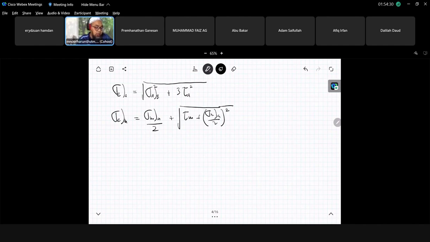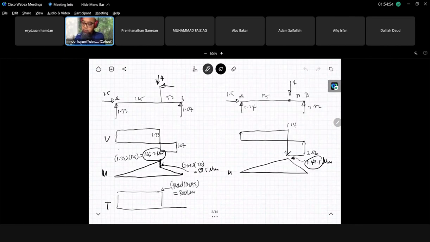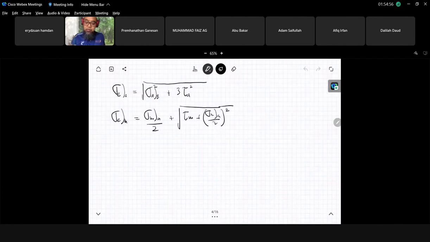So equivalence alternating. So for the alternating, we just have bending. For means, we have axial and torsion. So it means that alternating, this is 0.